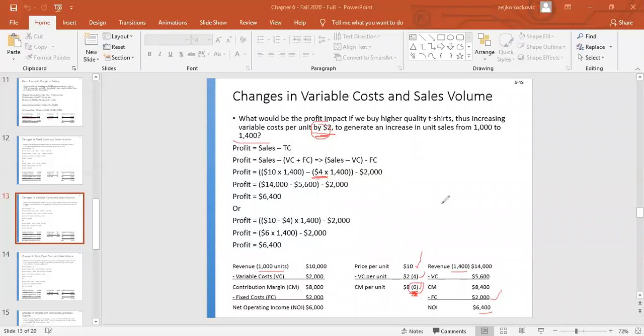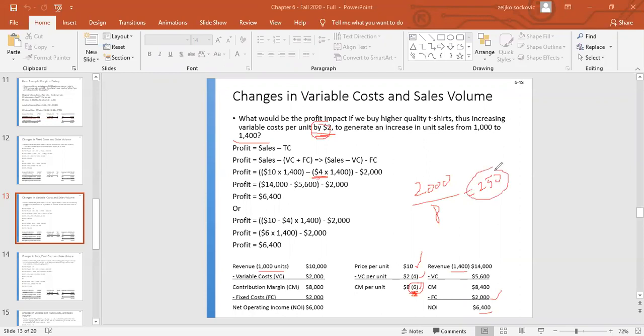So it's covering your fixed cost much slower. Think about it. Your fixed cost is still 2,000. And before you divide it into 8, so you get how many? 250 units. 250 units or $2,500, right? If you multiply it by 10.